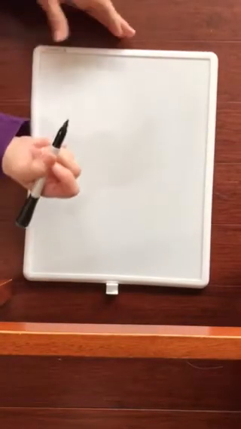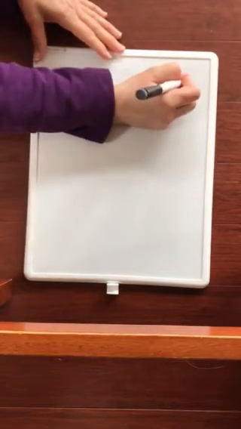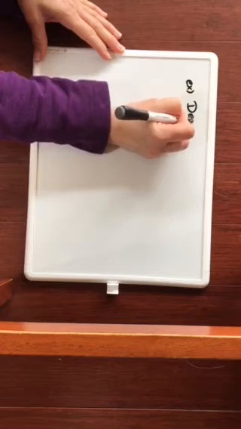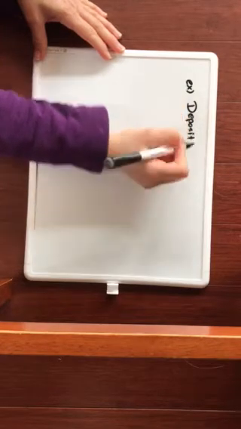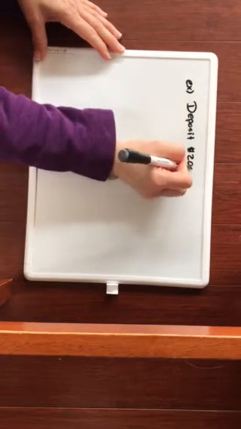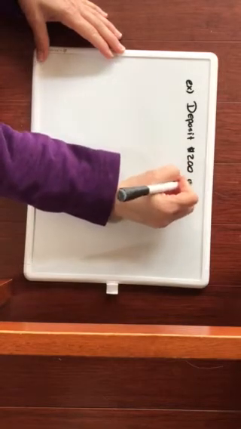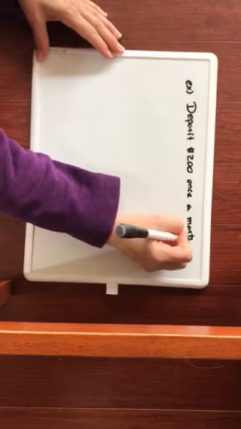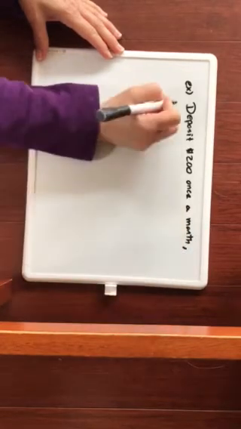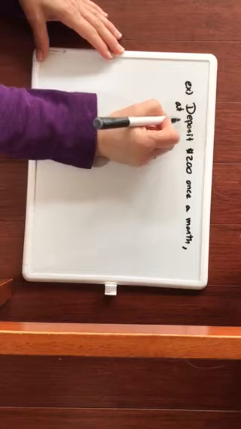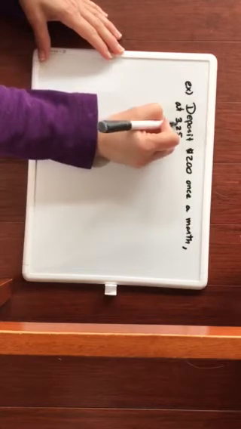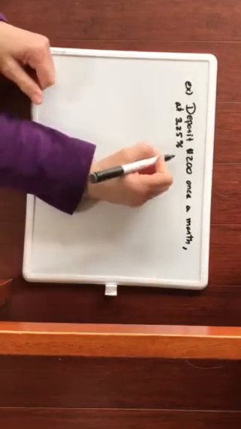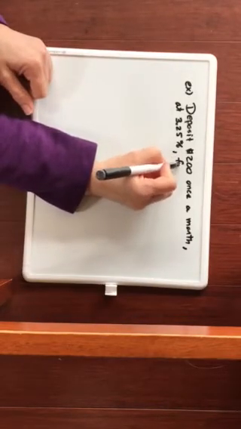Okay, so the example. Deposit $200 once a month at 3.25%. That's the interest rate for 10 years.